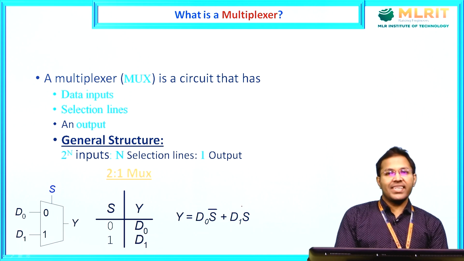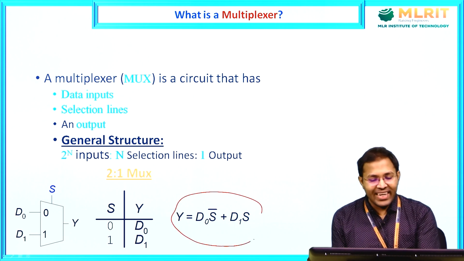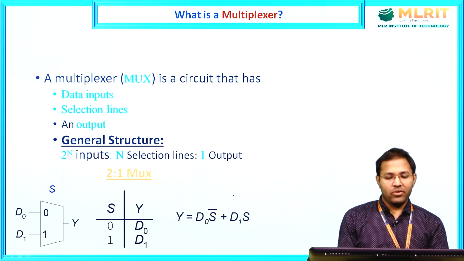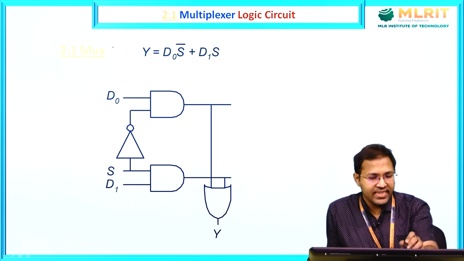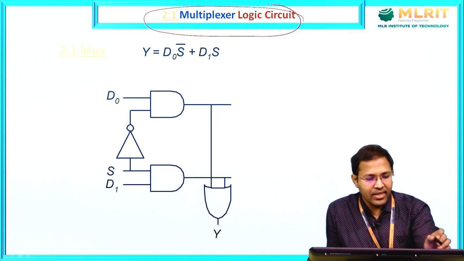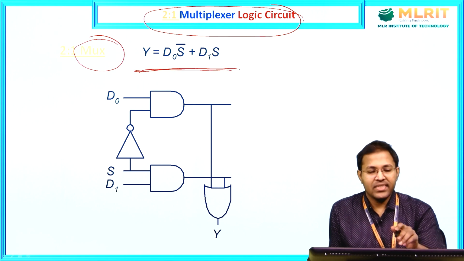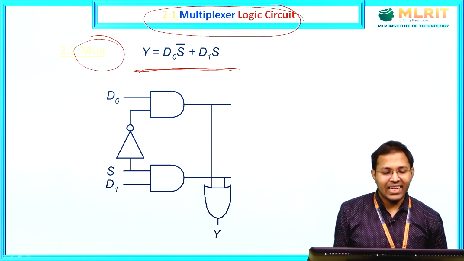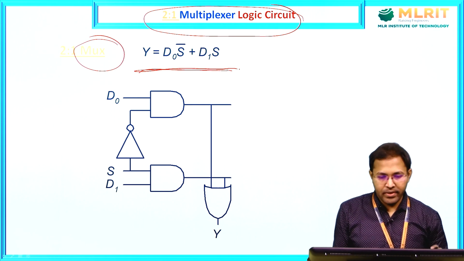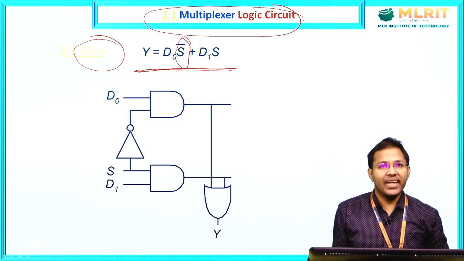Now this is the expression for Y. Once we have the expression for Y, we can construct the circuit diagram based on it. Let us see how we can do that in the next slide. So this is the 2x1 multiplexer, also known as mux, and this is the same expression we saw in the previous slide. Based on this, how can we construct the circuit? Very simple. We need S bar.